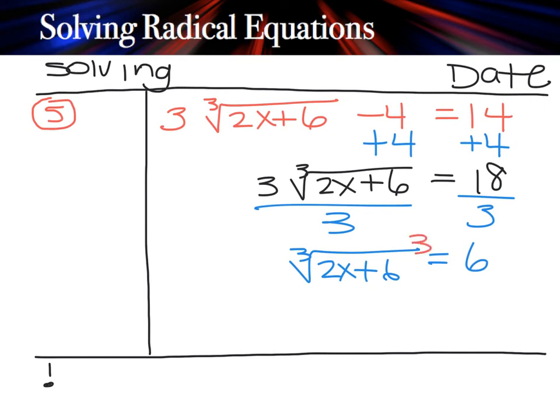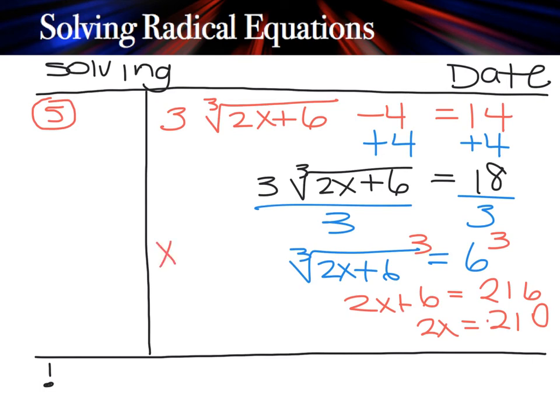I'm going to cube both sides, and that will make 2x plus 6 equals 216. If I subtract 6, I get 2x equals 210. And if I divide by 2 on both sides, I will get 105.